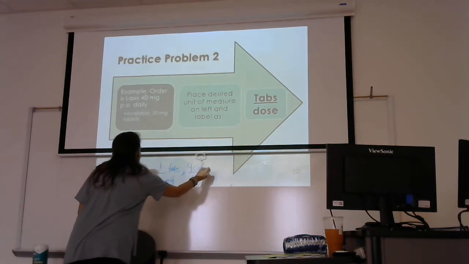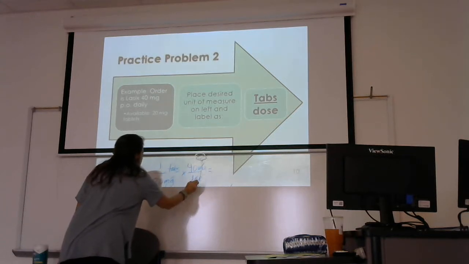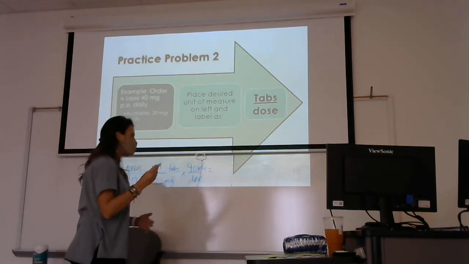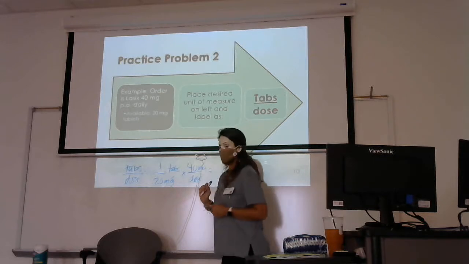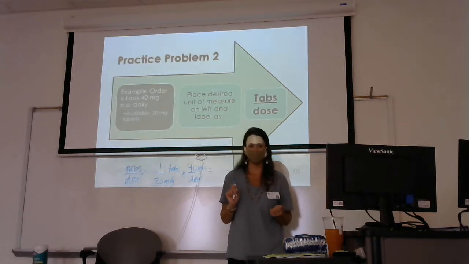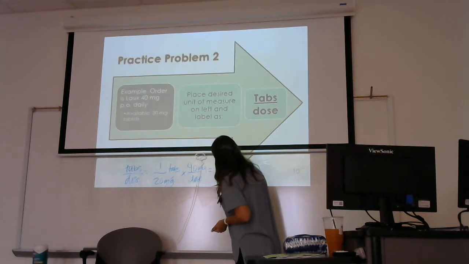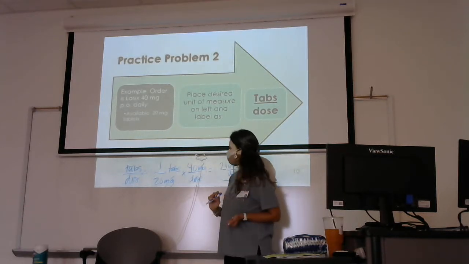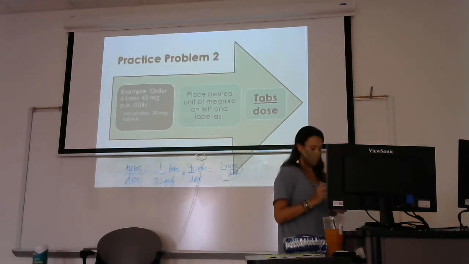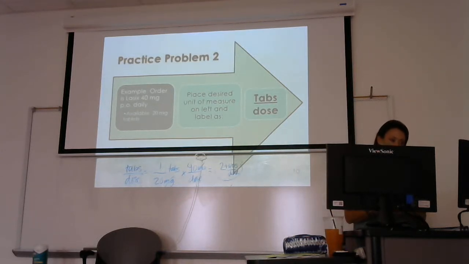Milligrams cancel, and we have tabs per dose. 40 divided by 20 is 2 tabs per dose. Or we could just look at it and say, picture in our head, 2 tablets, and move on.